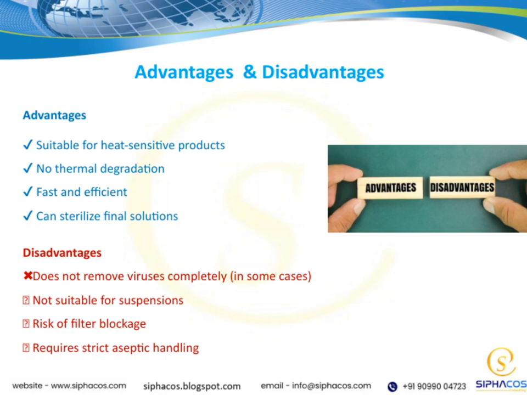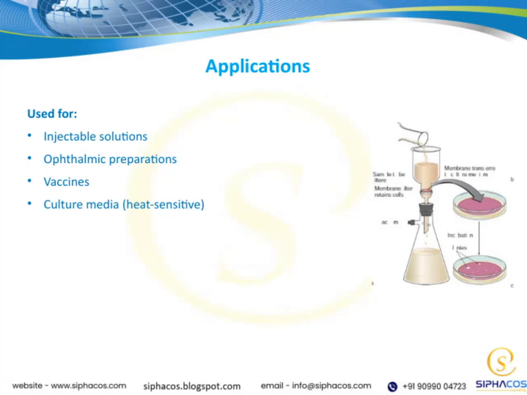Now, let's take a look at some of the key applications for this substance. It is widely used in injectable solutions, which means it plays a crucial role in delivering medications directly into the bloodstream or tissues. It's also important in ophthalmic preparations, where precision and safety are paramount to treat eye conditions effectively.